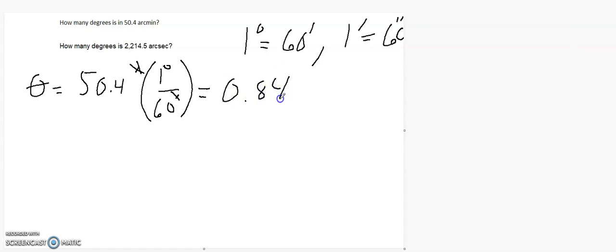In Blackboard, you would just type 0.84. You don't have to type the 0, but I'm just used to doing it. So that's our first one. We'll call that theta 1. And then theta 2 is a different one.